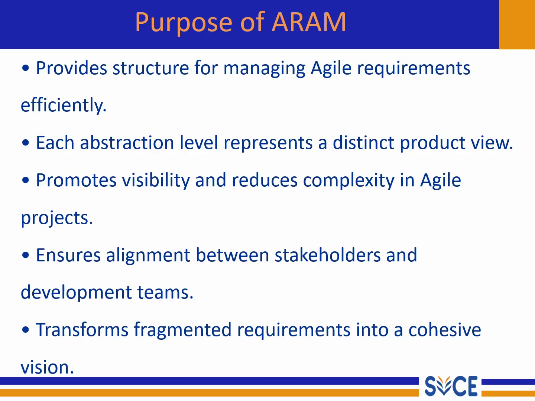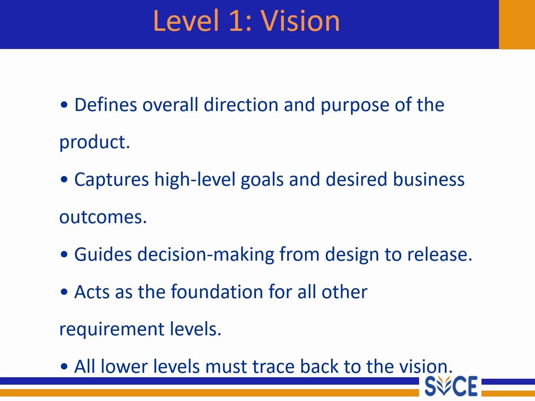In the next slide, we are going to see level 1, that is the vision. Level 1 defines the overall direction and purpose of the product. For example, it gives the overall goal of what you are going to achieve, and it captures the high level goals and desired business outcomes.